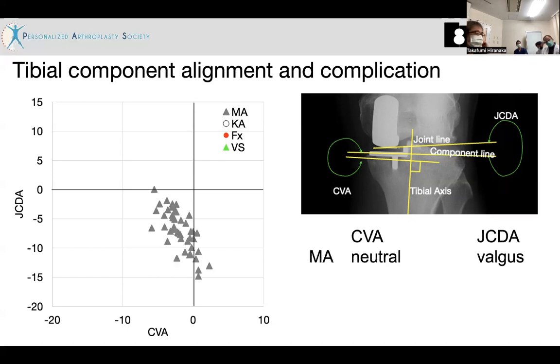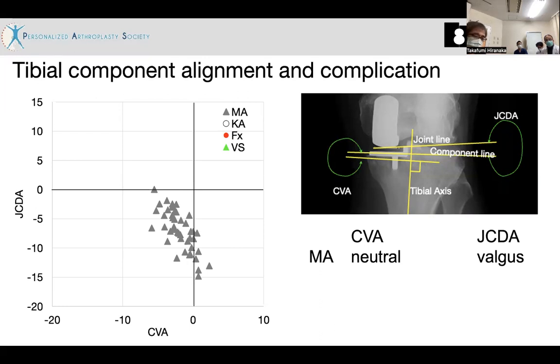The standard mechanical technique of Oxford is that the tibial component is virtually perpendicular to the tibial axis. But even in mechanical Oxford, the tibial component tends to be placed at slightly varus, maybe due to the proximal tibial varus.